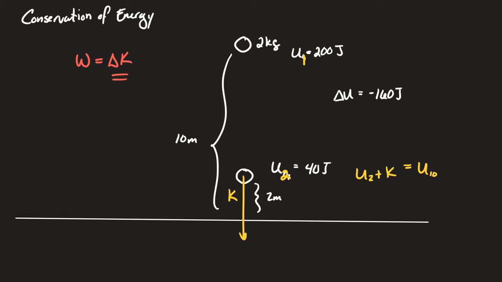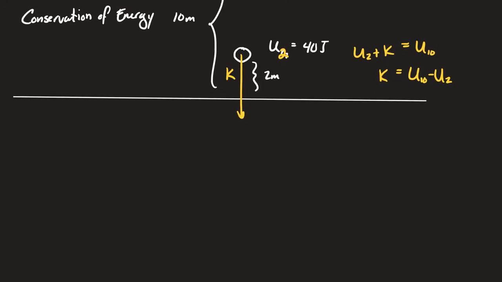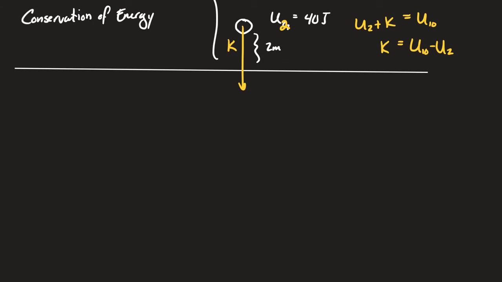Well, if I solve this for the kinetic energy, correct? I hope that you guys also recognize then that this would have to be minus delta U, since delta, by definition, is final minus initial.